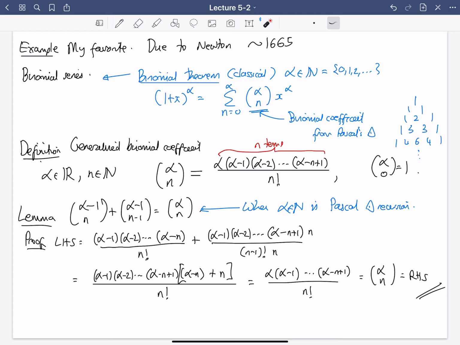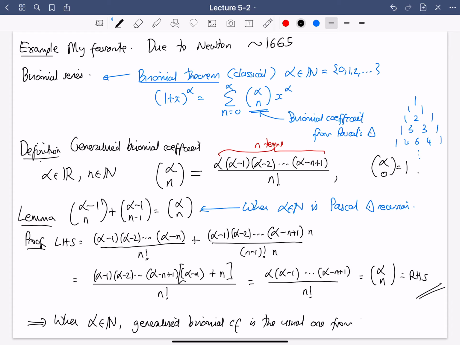That's exactly the recursion to build these binomial coefficients in Pascal's triangle when alpha is a natural number. So this proves that when alpha is a natural number, the generalized binomial coefficient is the usual one from Pascal's triangle.